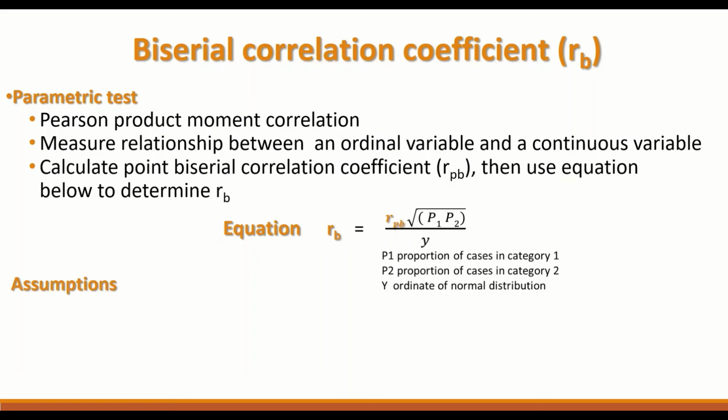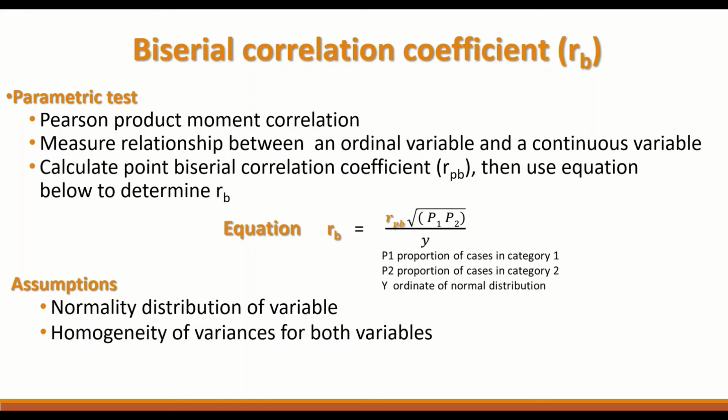To use this test, the data has to fulfill certain assumptions and criteria. The data has to be normally distributed, i.e. normal distribution of the continuous variable, homogeneity of variance for both variables. I have already described homogeneity of variance in a separate video clip, and also a continuous dichotomous variable.